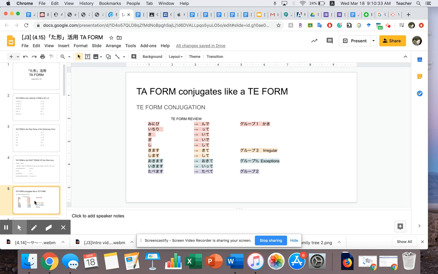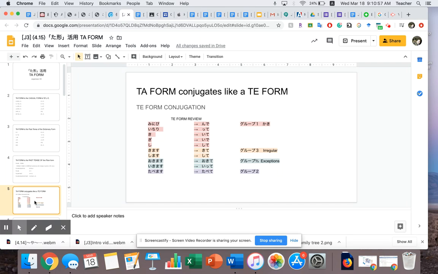So group 1 again has an e ending and has 2 or more characters in the stem. Group 2 has an e ending, 2 or more characters in the stem, or it's a single stem, which means it only has 1 character. Now, irregulars, there are always 2 irregulars: kimasu and shimasu. And there are some exceptions in the te forms, okimasu and ikimasu.